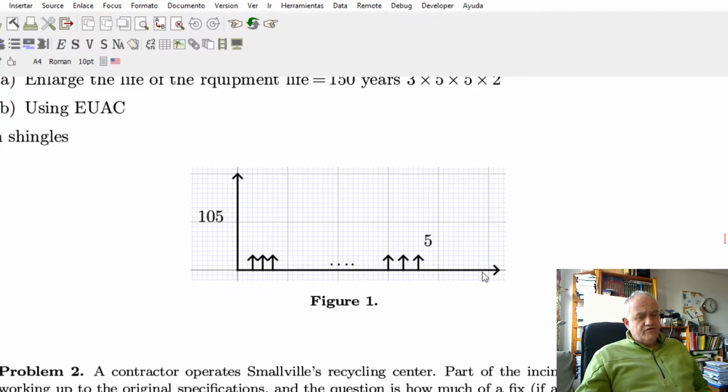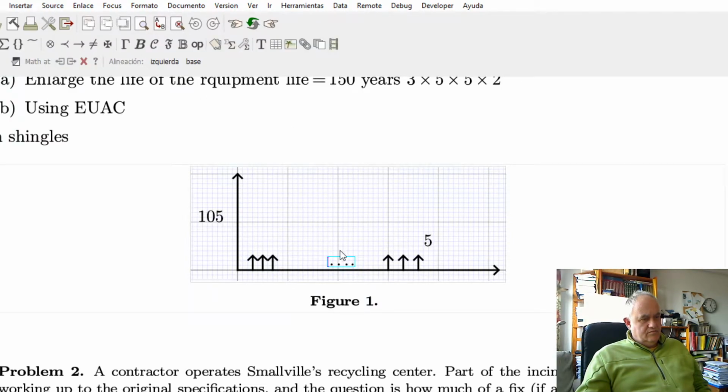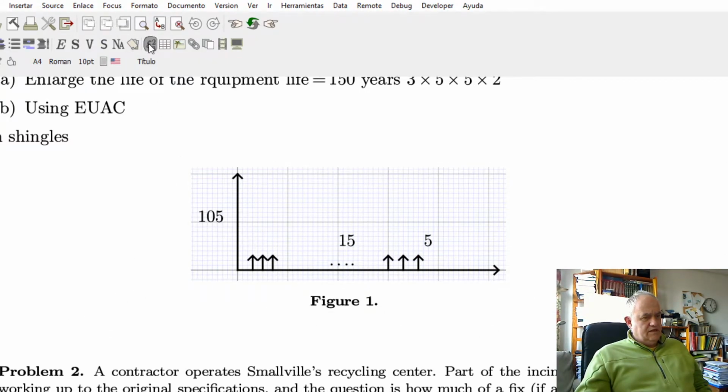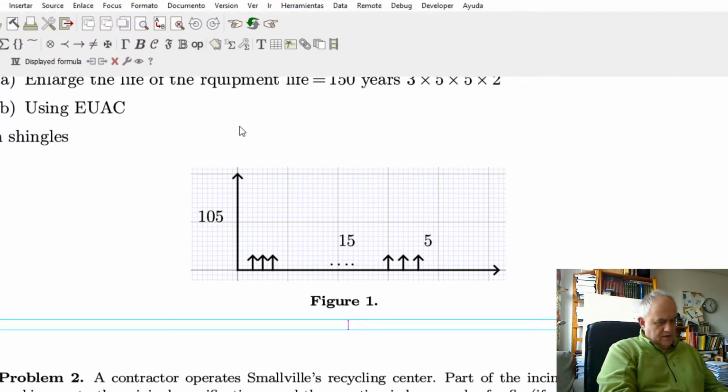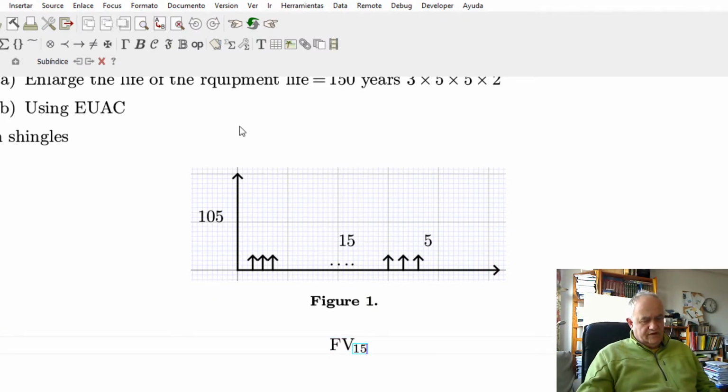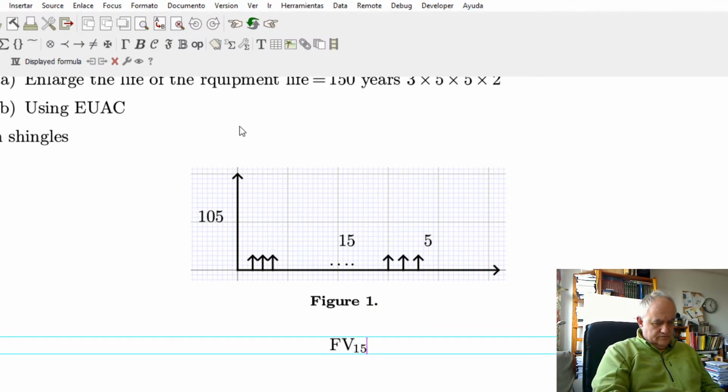We will use future value. This is 15 years. So let's obtain the future value of the cost at year 15.